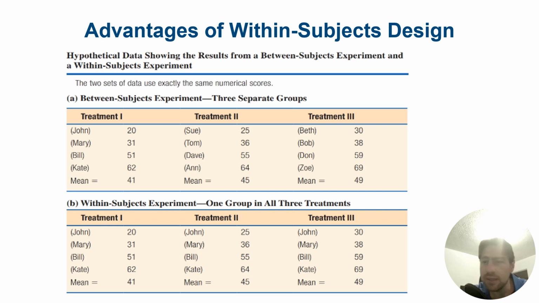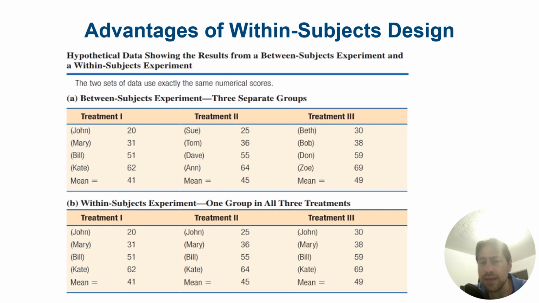And looking at the means, we can see that there appears to be a difference between the means across the three treatments. So a mean of 41 in treatment 1, 45 in treatment 2, and 49 in treatment 3. So treatment 2 produces a stronger effect than treatment 1, and treatment 3 produces a stronger effect than both treatments 1 and 2.